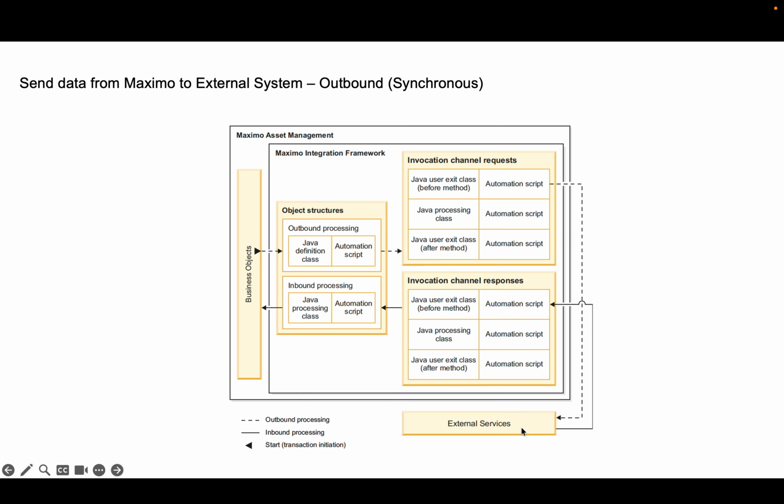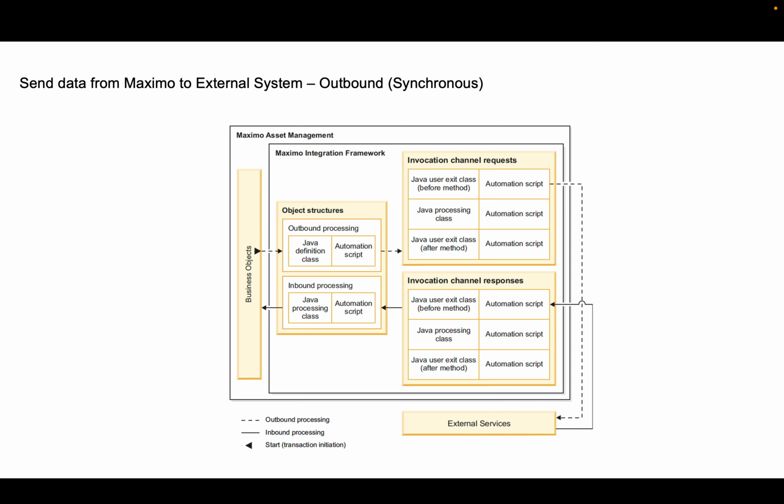Once the external system receives the data, it can send us a response back. It may send us a response back, it may not. It totally depends upon what functionalities are built in this external system. But generally in enterprise systems, we always have the option that we get the response back.